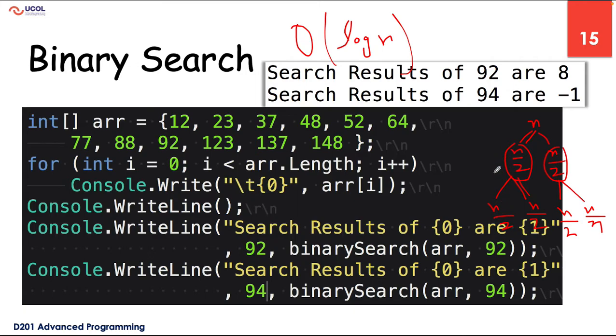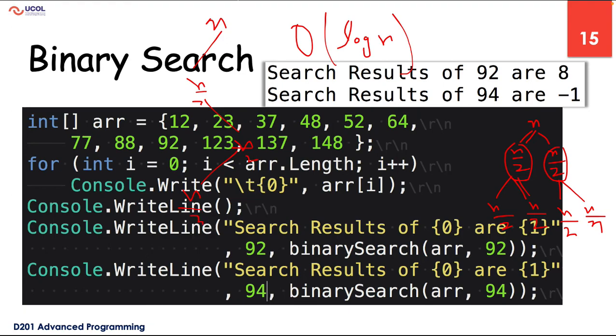We always go this way or that way. We are not exploring all the possibilities; rather we always go from n to n by 2, and again n by 2, going to the left side.